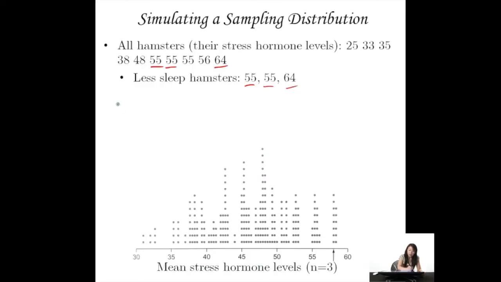Here's what we did. First, I'm really just summarizing in steps what we talked about before. So first what we did was take a random sample of 3 hamsters. And here we'll call that n, right? Because n is the size of the sample.